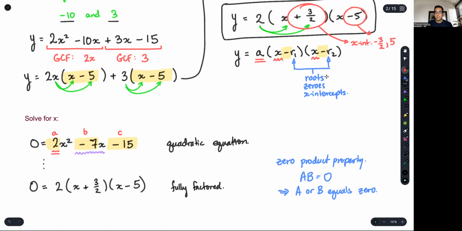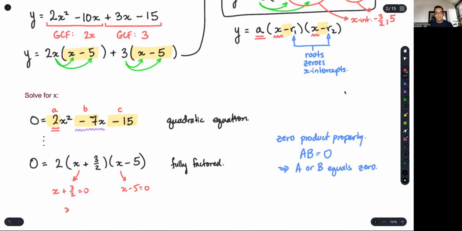So that means, this is going to look very familiar, this part here, x plus 3/2 equals 0, or x minus 5 equals 0. Solving for x in each case gives us x is equal to -3/2 and x is equal to 5. Those are the two solutions that work in the original quadratic equation.